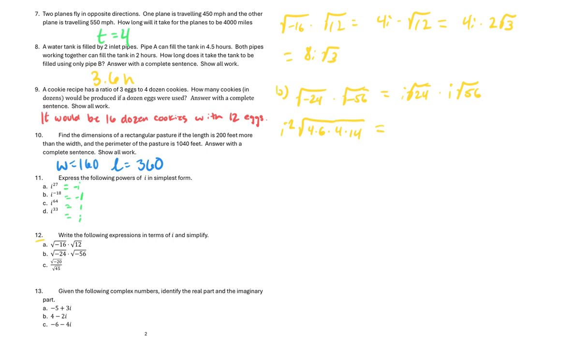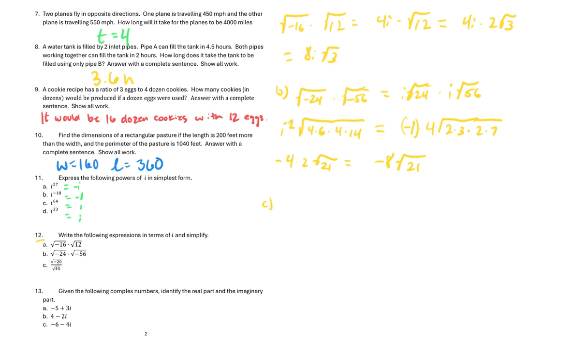So we can pull that 4 out. So we'll get the i squared becomes negative 1 times 4. And then 6 and 14 can both split into 2 times 3 for 6 and 2 times 7 for 14. So we can pull that additional 2 out. So we'll get negative 4 times 2 times the square root of 3 times 7 is 21. So negative 8 square root 21.